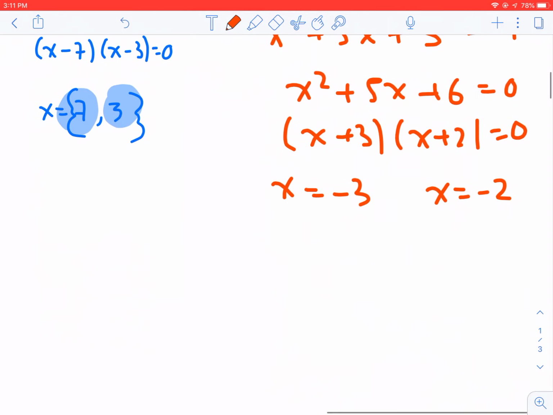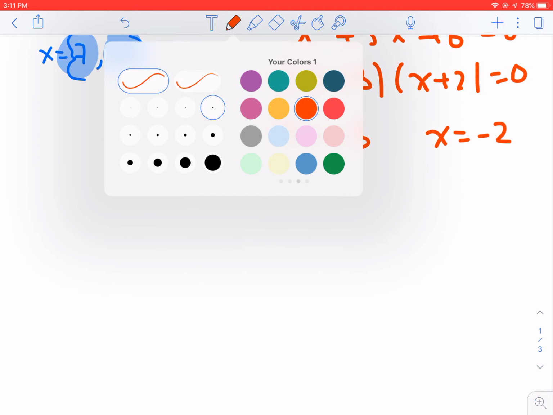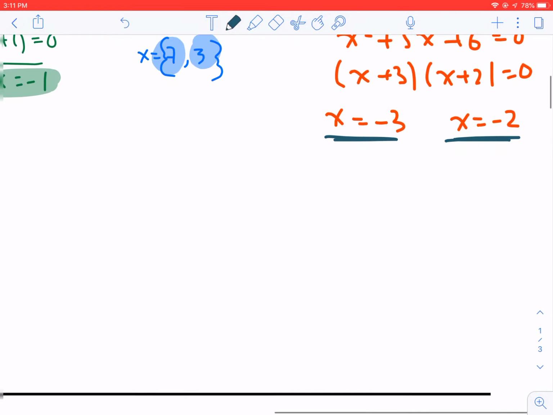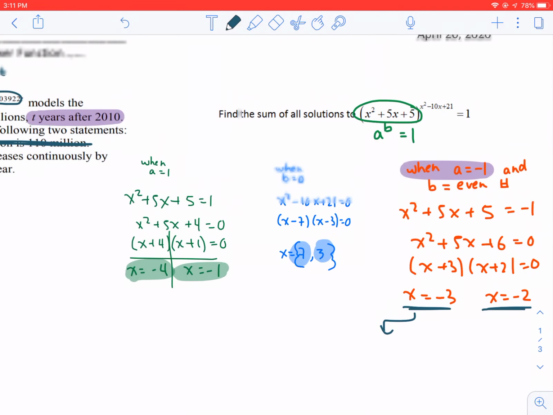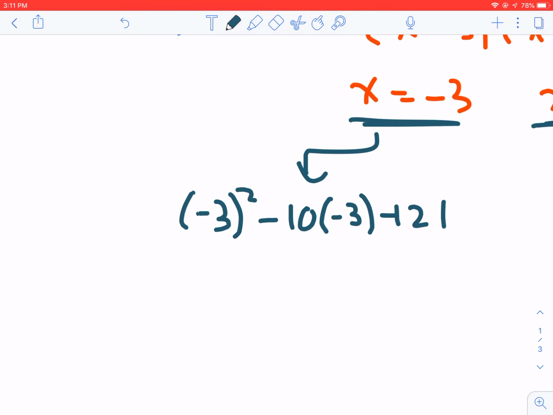So right now we have -1 raised to some power, and that power has to be even. So we have to check, do the solutions we found give us an even exponent? Our exponent was x squared minus 10x plus 21.